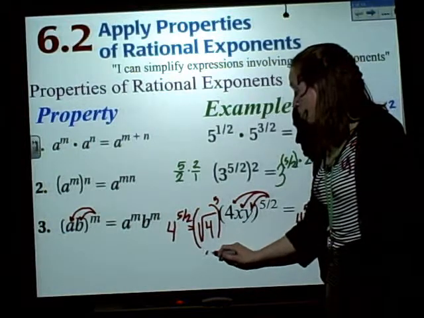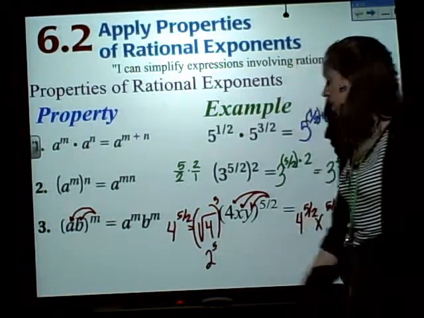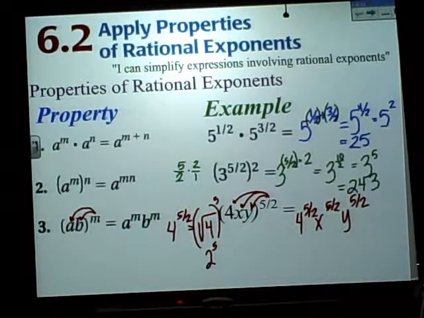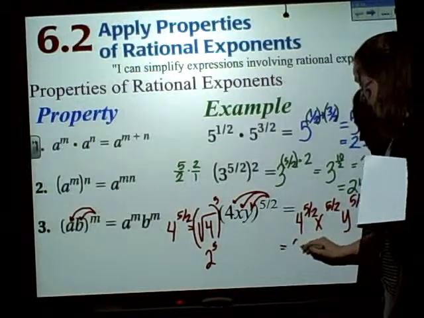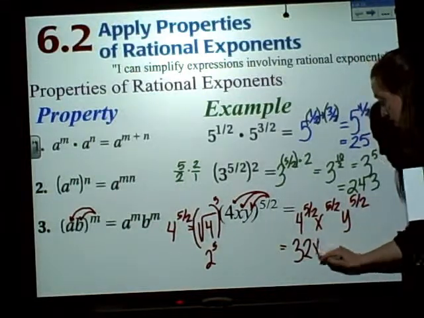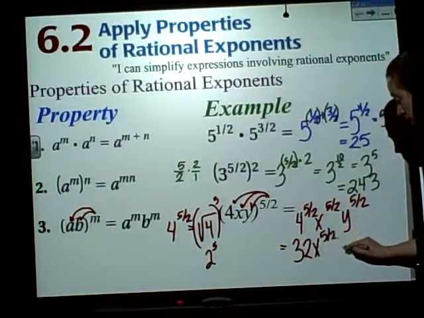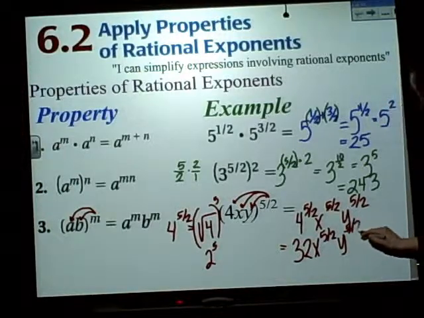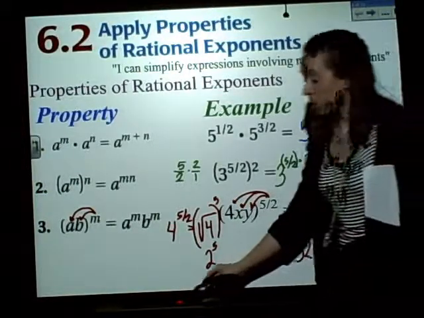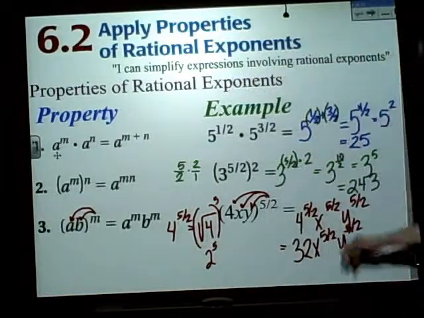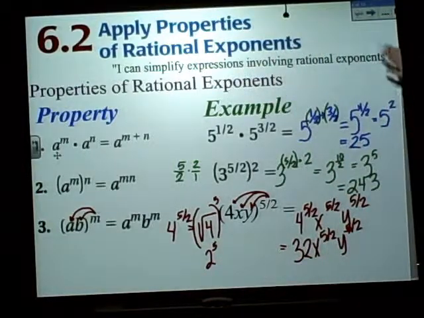So I'm going to go 2 to the 5th power, which gives me 32. Again, you guys will be using these properties a lot, so I will have you make a foldable with it.